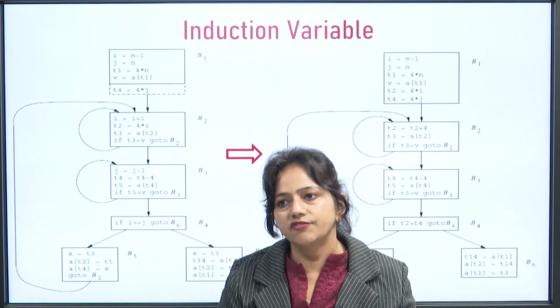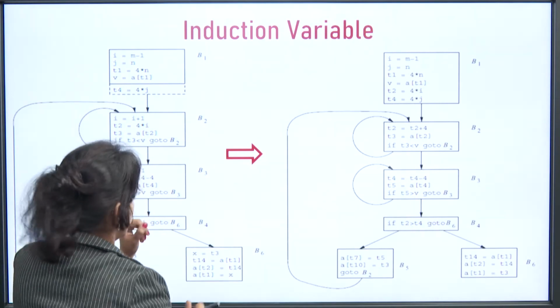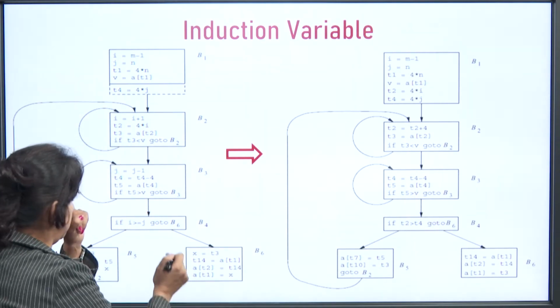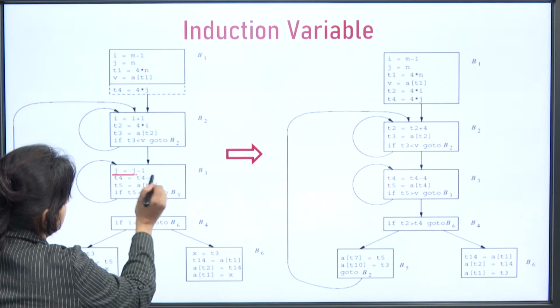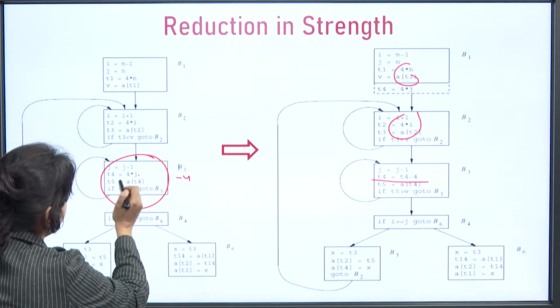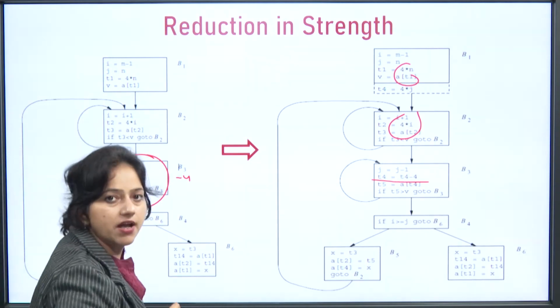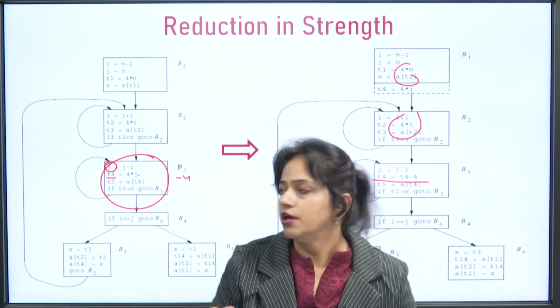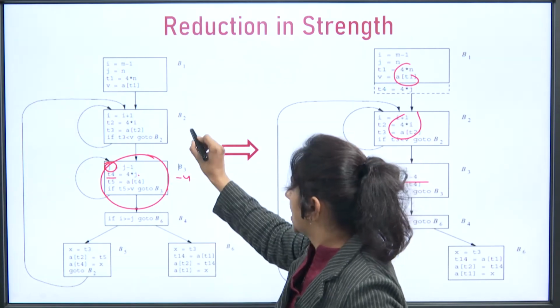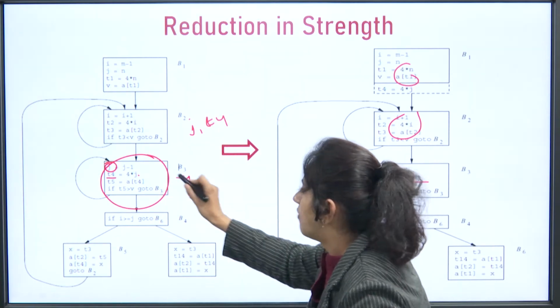And now, this gives the concept of induction variable. How does it arise? Just see two variables i and j. Initially, we were computing the value of T4 using j. So, these two, j and T4, are called induction variables.